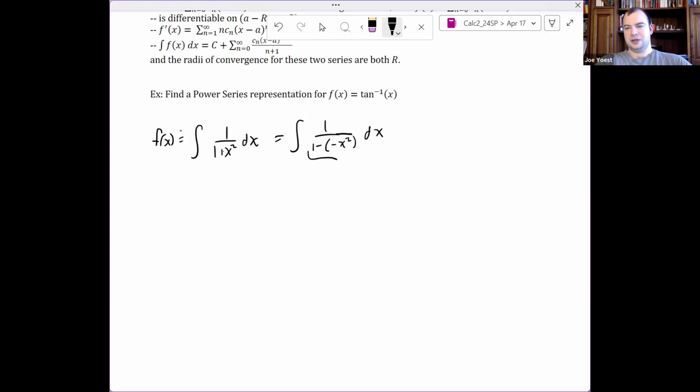And this looks like a geometric series. This is the integral of the sum n equals 0 to infinity of negative x squared to the n dx. We can see pretty clearly that this is going to be valid for x in minus 1 to 1.